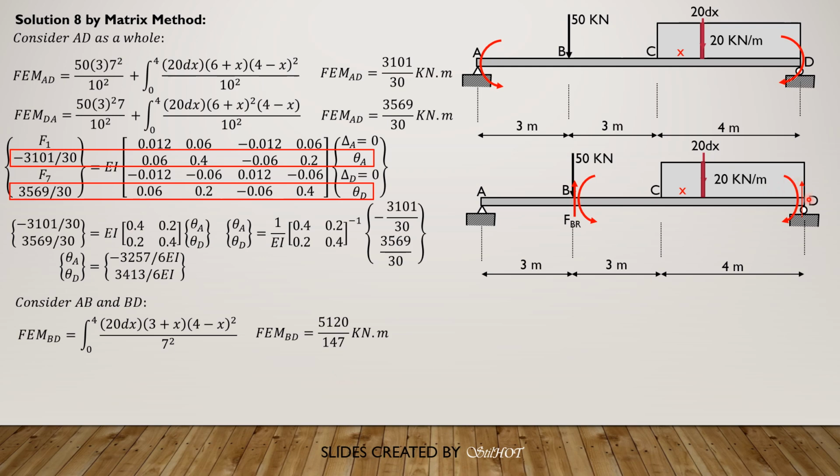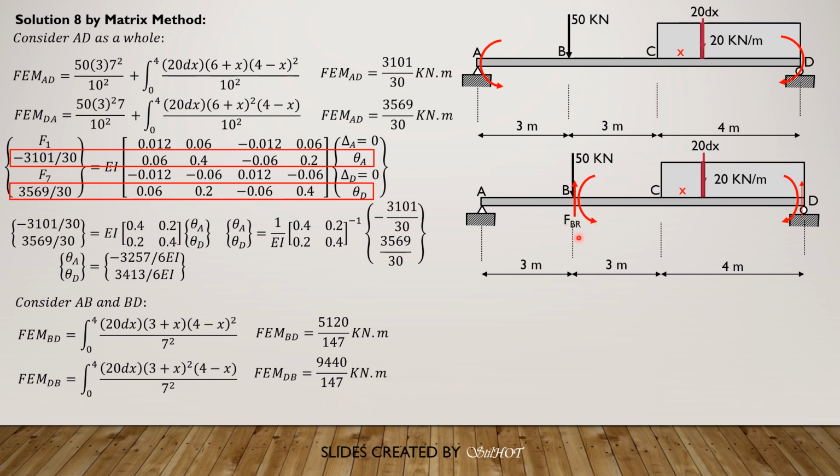Then fixed end moment DB is same integral, except that 3 plus x is now squared, 4 minus x is raised to 1, divided by 7 square. So it is equal to 9440 over 147 kilonewton meter.